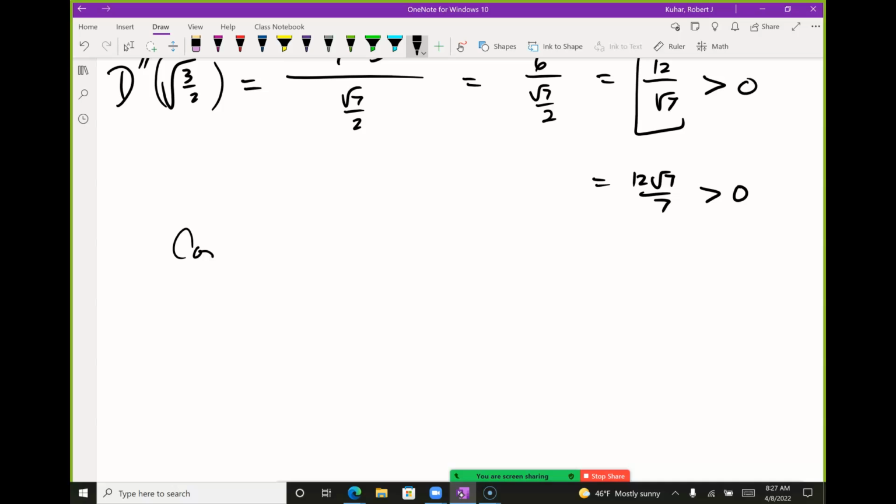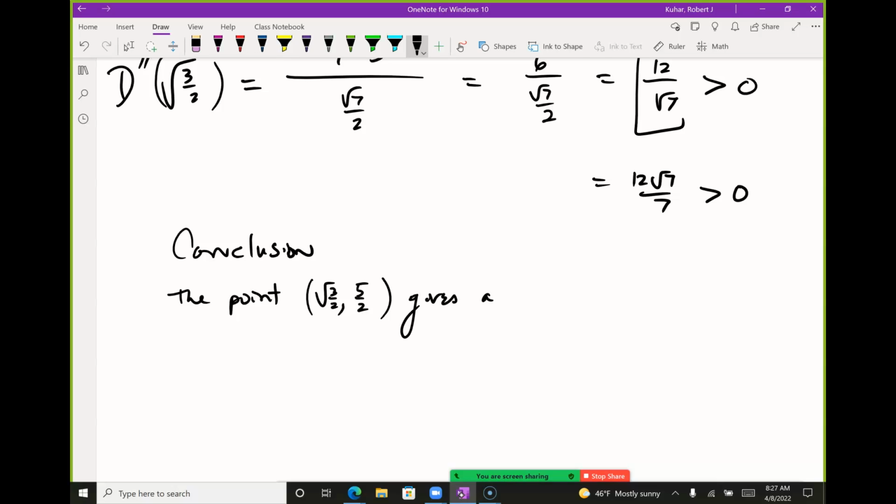So, conclusion. The point square root of 3/2, comma, square root of 7/2. Oops, is that right? No, 5/2, right?